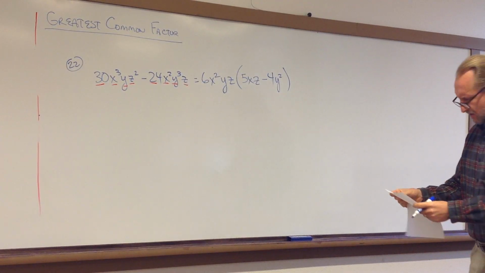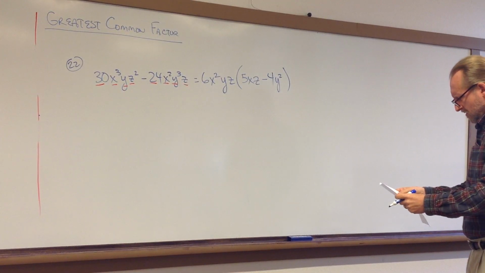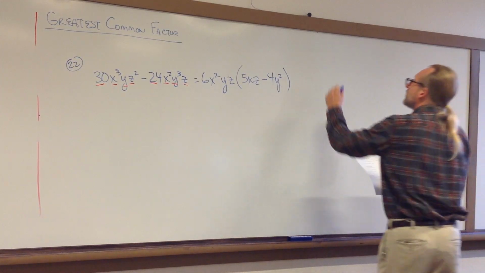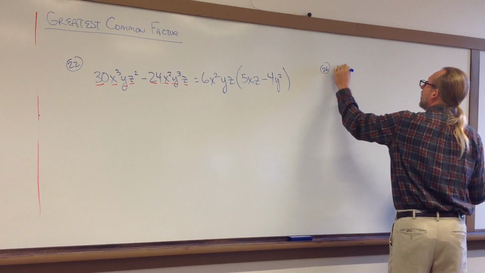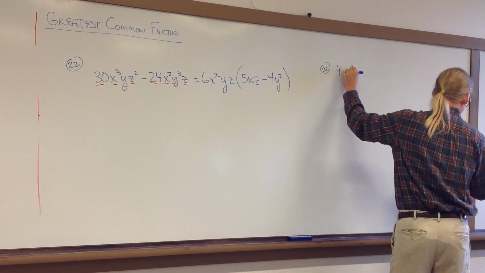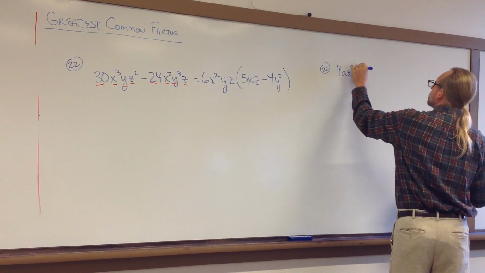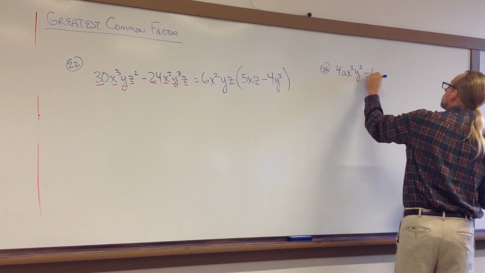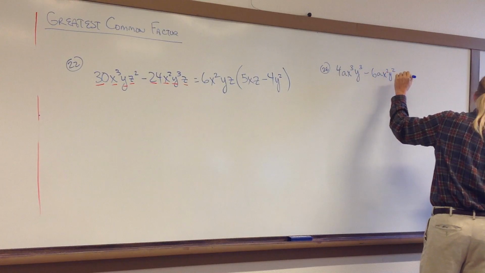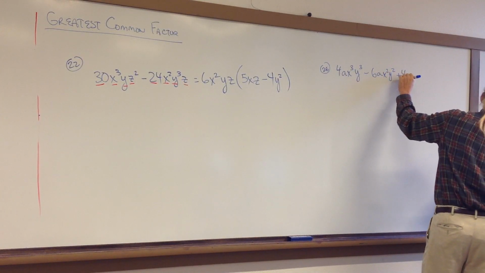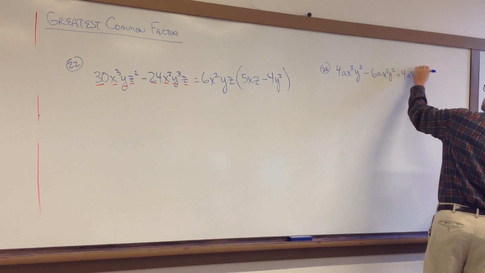All right. Let's see here. Well, let's do problem 26. What do we have? 4ax to the third y to the third minus 6ax squared y squared plus 4axy squared.